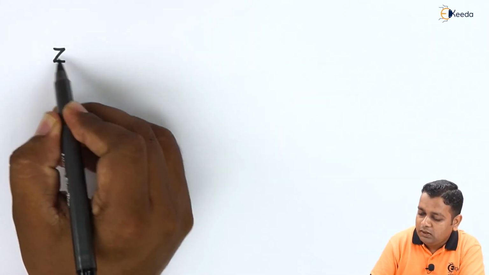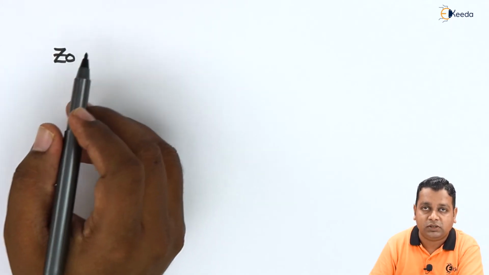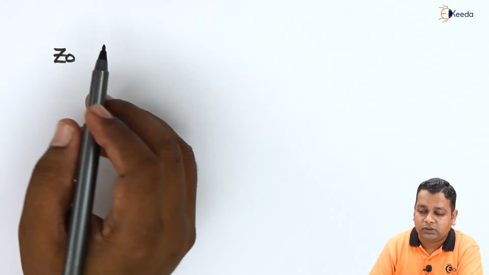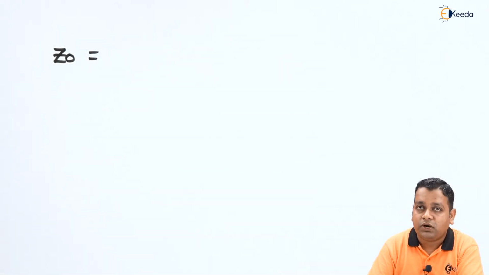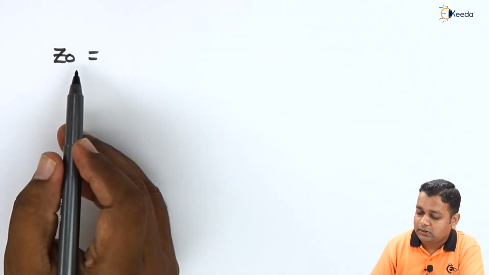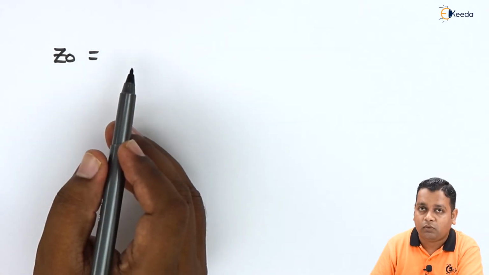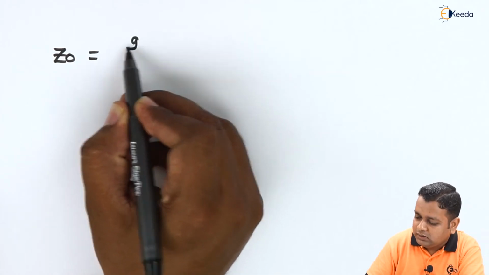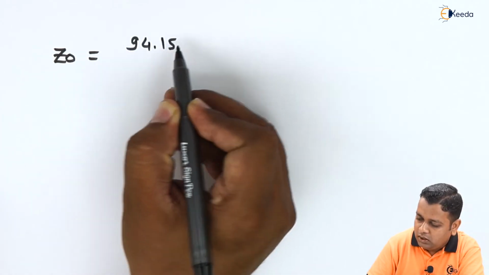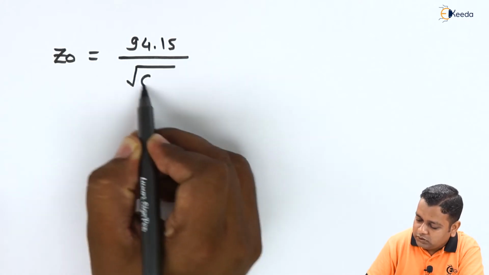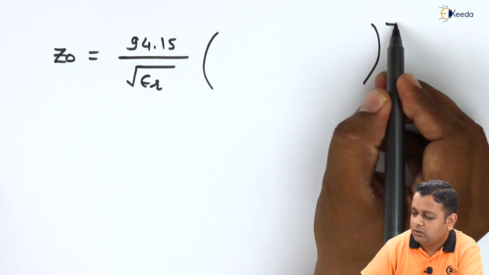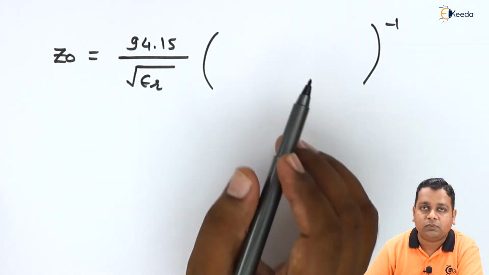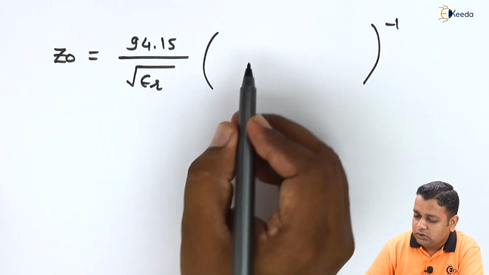The characteristic impedance, as usual, we shall denote by Z suffix 0, measured in ohms, and to see the various dimensions corresponding to the last schematic, the characteristic impedance is given in the form of an equation. The RHS has 94.15 divided by the square root of epsilon r, multiplied by a bracket that has the power -1. It includes two terms.